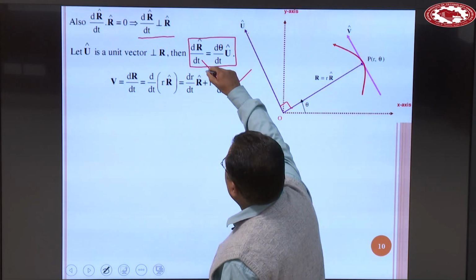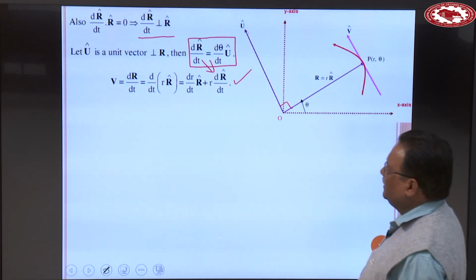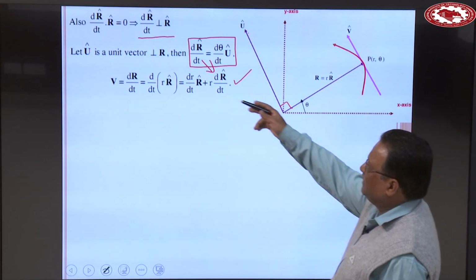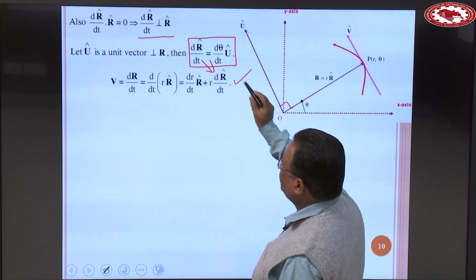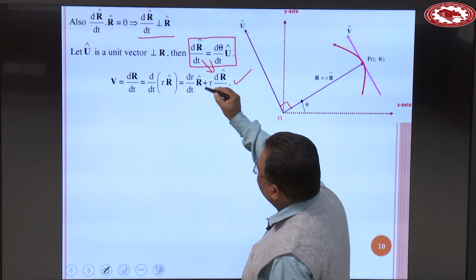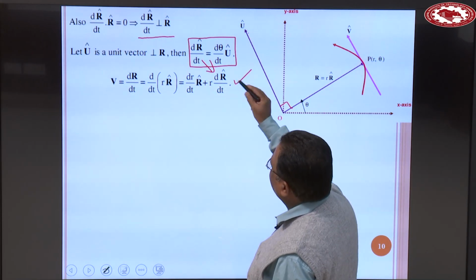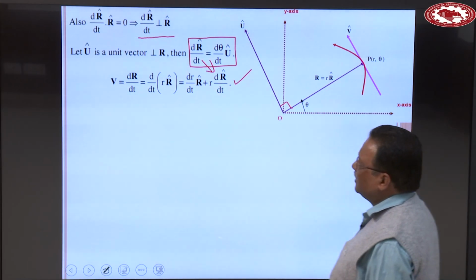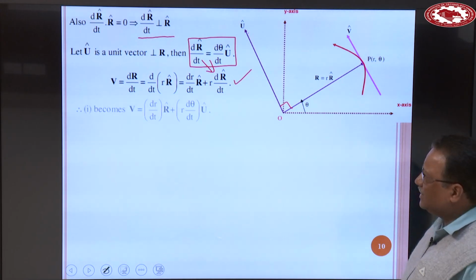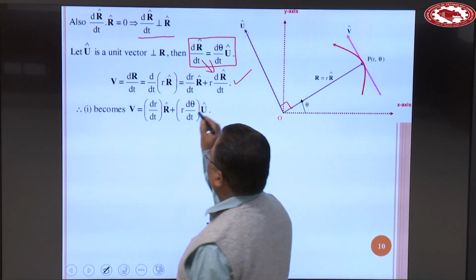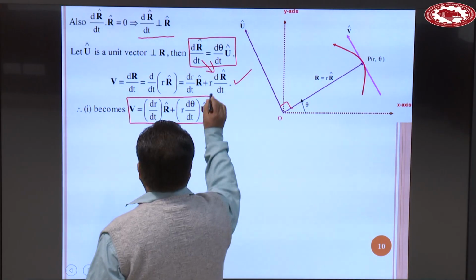Substitute the value of this dr cap over dt, okay. When you substitute you will get d theta over dt u cap. So the component of r cap is dr over dt, the component of u cap is r d theta over dt, okay. So when you substitute, velocity v is equal to this, clear.